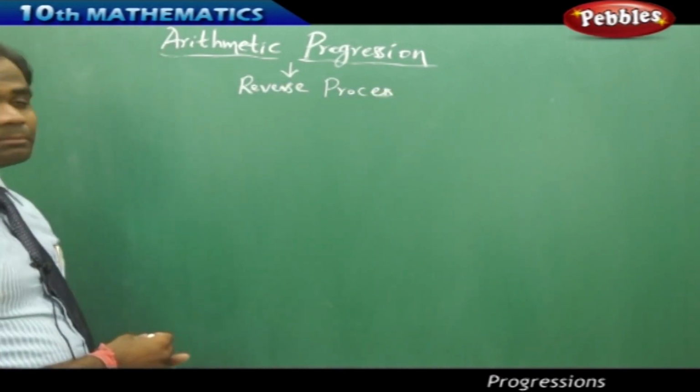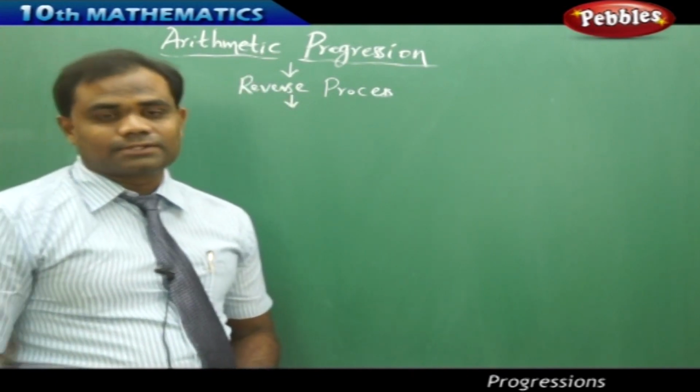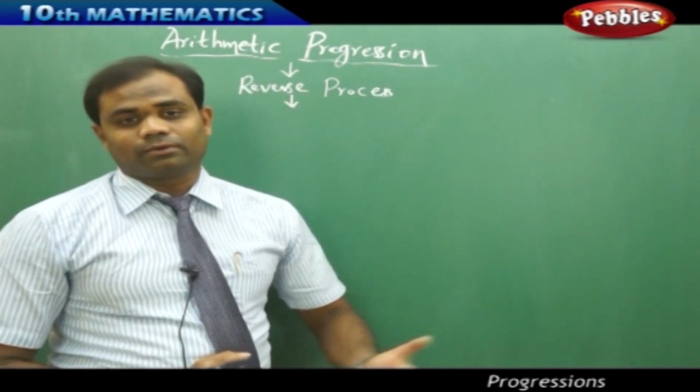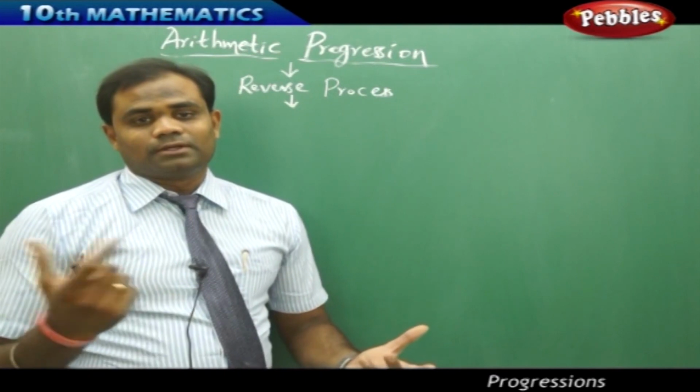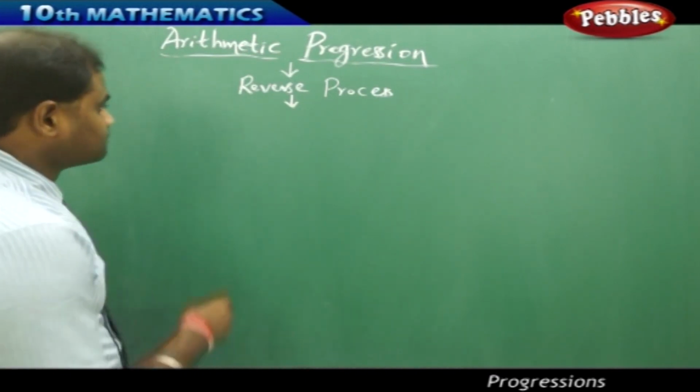Let's take an example problem here to understand the reverse process of constructing the whole arithmetic progression just from the minimum information of the first term and the common difference.